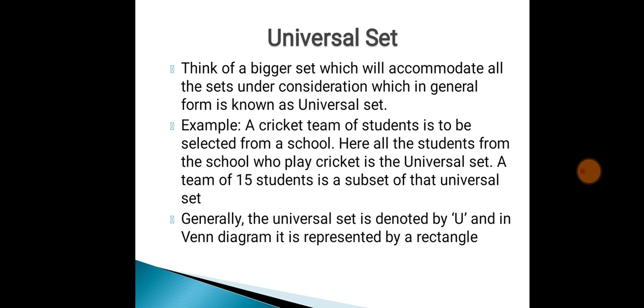Here the set of all students from the school who play cricket will become the universal set, and the set of 15 students will be a subset of the universal set. Generally, the universal set is denoted by U, and in a Venn diagram it is represented by a rectangle.